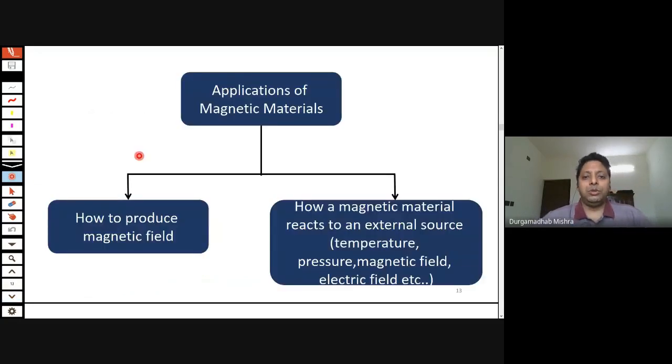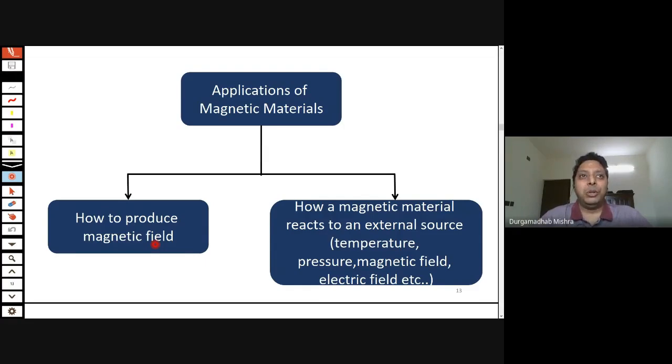When you look at applications of magnetic materials on a fundamental level, you can branch them into two broad categories. It is quite broad, and recently the applications are much more, but broadly you can define them based on these two. First, how to produce a magnetic field. You take a material, it could be an electromagnet or a permanent magnet, which is going to produce a magnetic field.